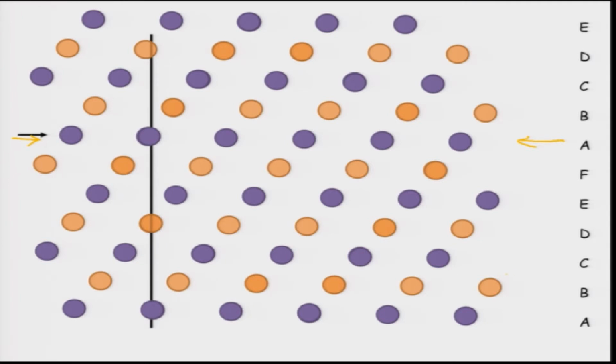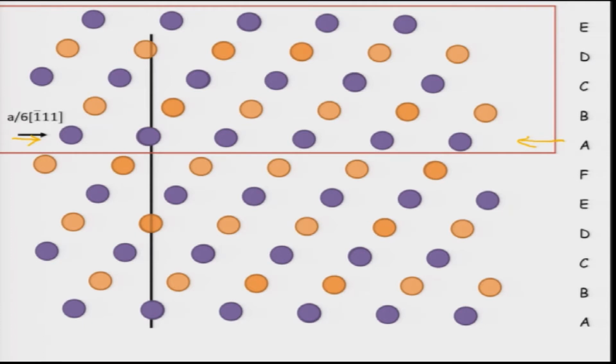We will displace it so that it moves from A to another layer like E. If we are just displacing this layer, it means everything above it will also get displaced, and how much we are displacing, that will imply a/6 [-1 1 1].